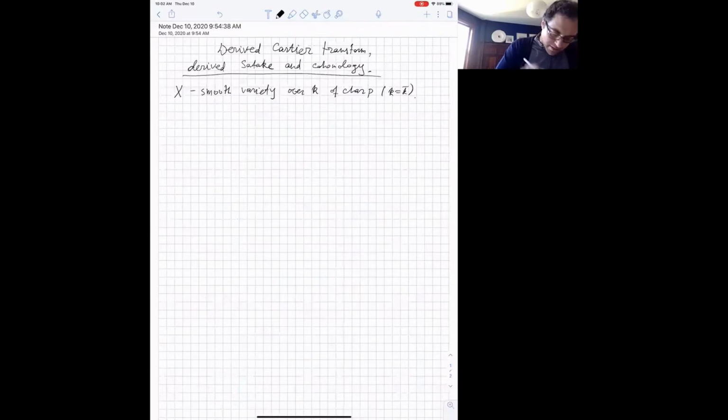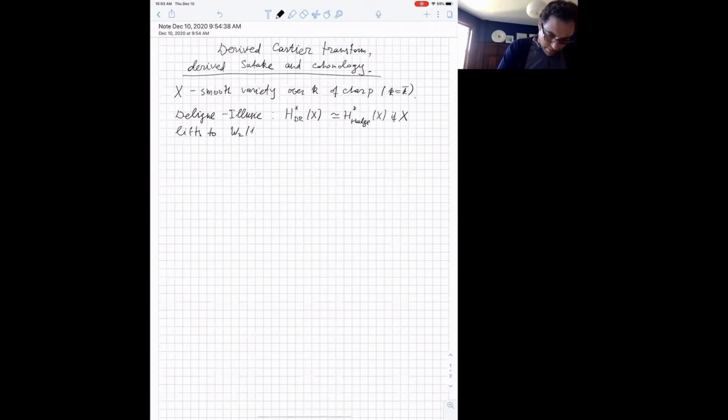I will start by recalling the setup of the famous Deligne-Illusie work, which says that de Rham cohomology of X is isomorphic to Hodge cohomology under some condition.